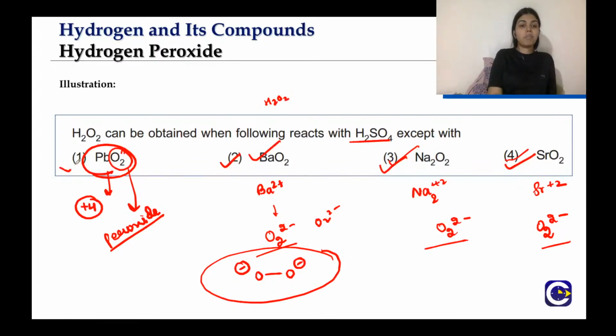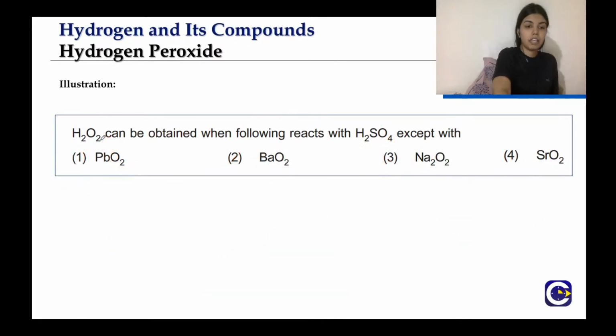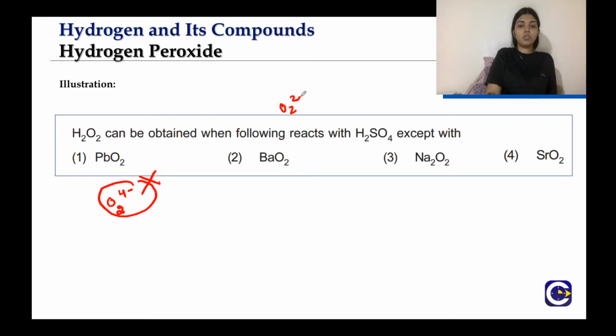But in PbO2, the lead is in +4 oxidation state, so this becomes O2 4 minus, and it is not a peroxide linkage. As it does not contain any peroxide linkage, it does not react with H2SO4 to give H2O2. So the answer is first.